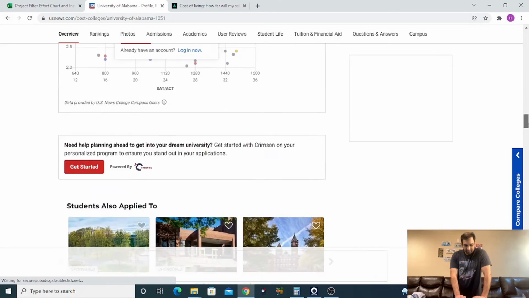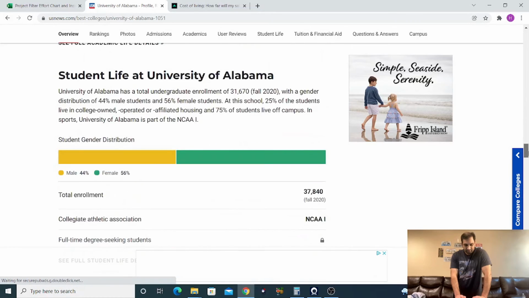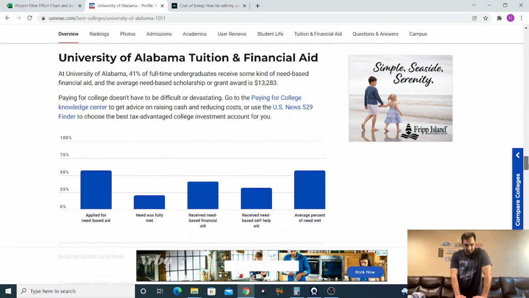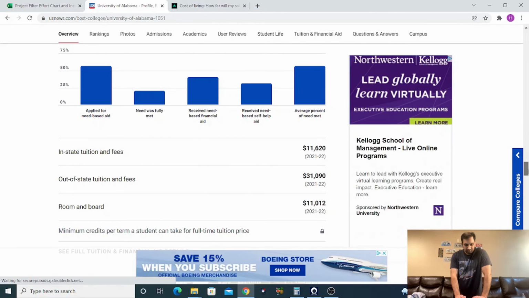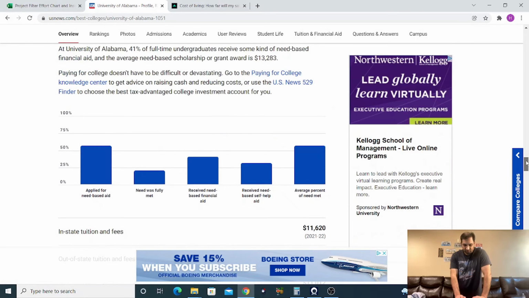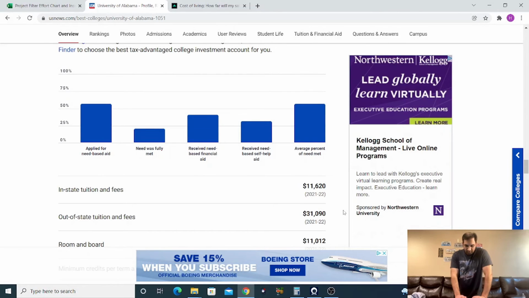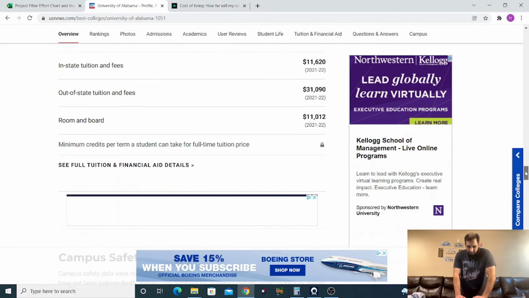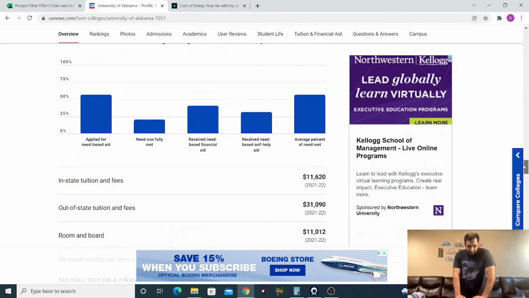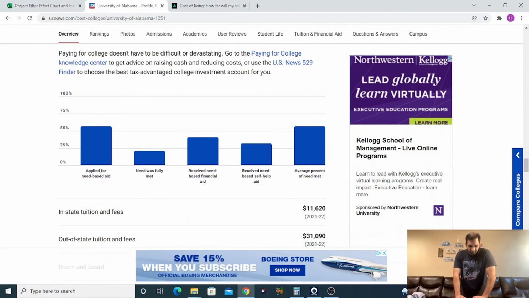Alright. So here's some good information for you. So this chart here is telling you the fees, the cost of room and board. And then here it's telling you what percentage of the students applied for financial aid here.